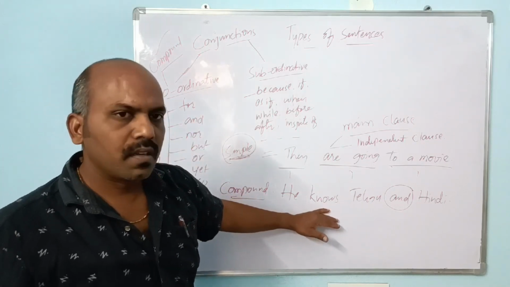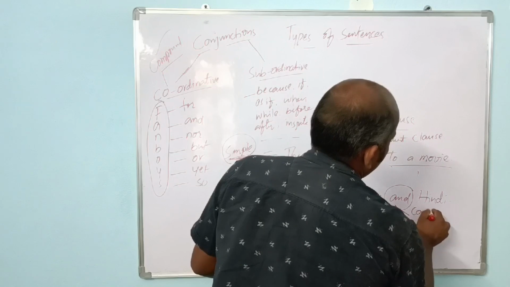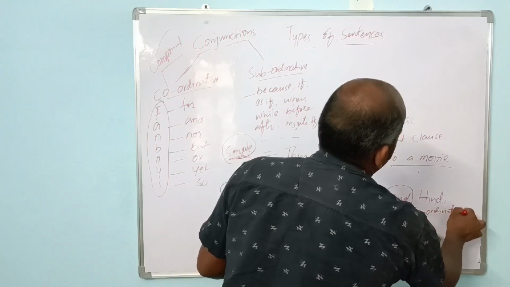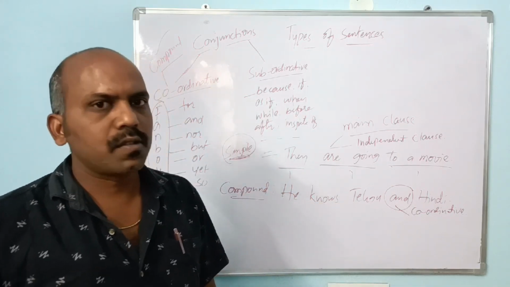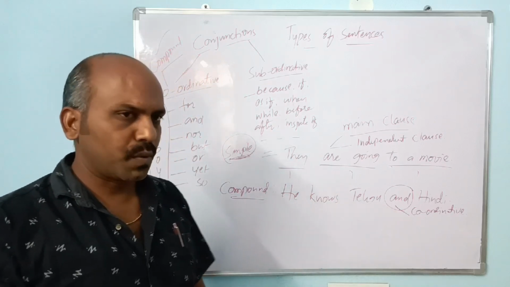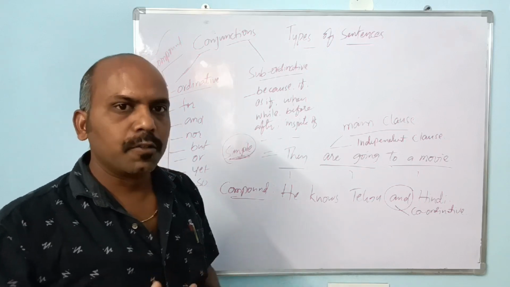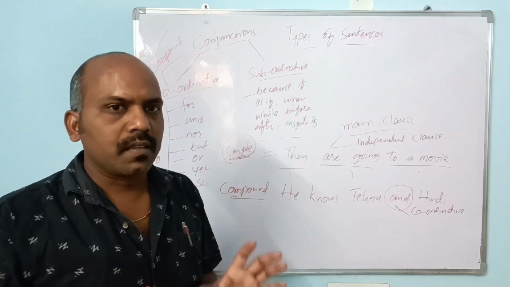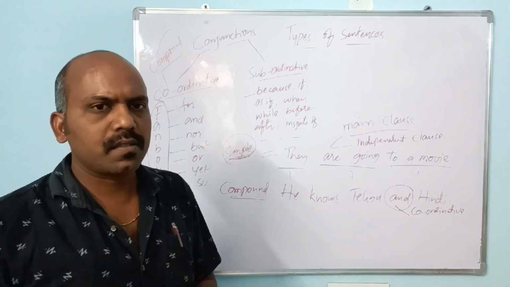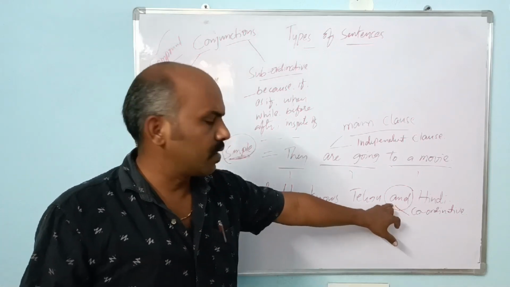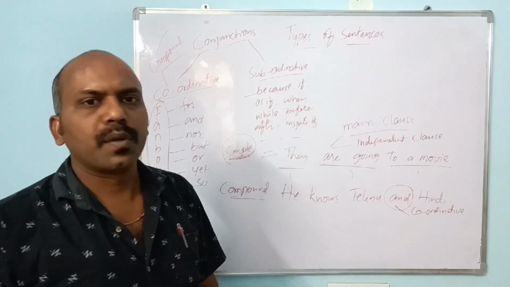Then the total sentence comes under compound, simply because of the coordinative conjunction. And not only two, more than two simple sentences can be joined by 'and'. In the same example, you may insert many languages: He knows Telugu, Hindi, Malayalam, Odia and also English. There are five or six simple sentences combined by only one conjunction, 'and', from the coordinative list. So it comes under a compound sentence.